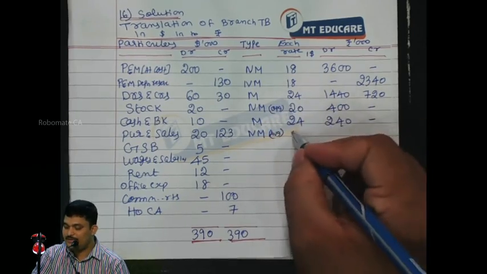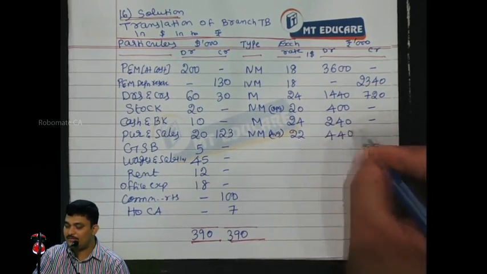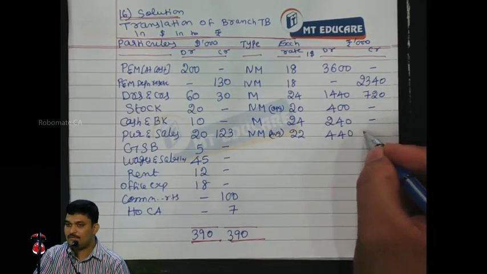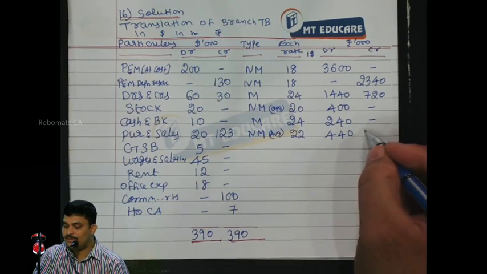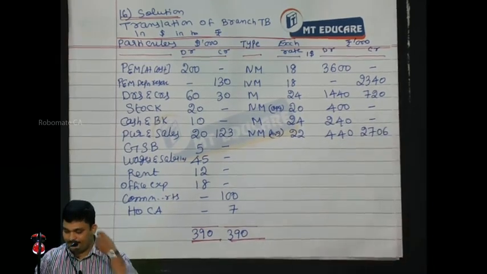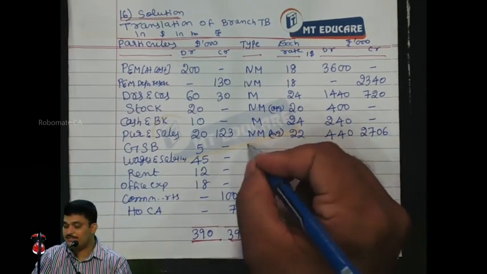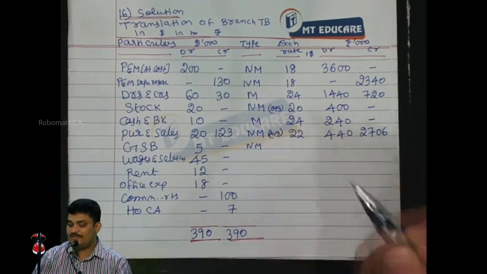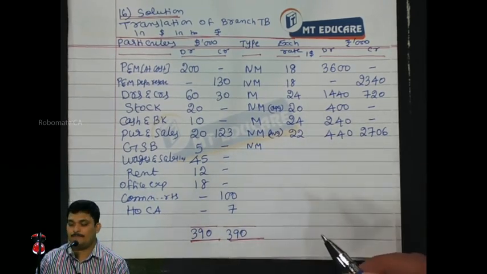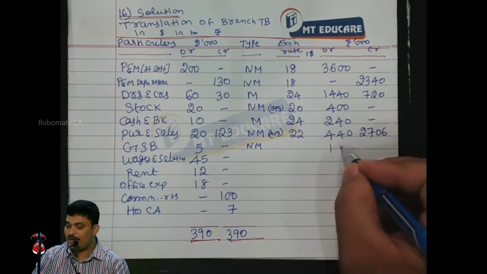So the average rate is 22. So 440. 2000. Right. Goods sent to branch is non-monetary. Everybody, now what is the amount I should be taking? 100.